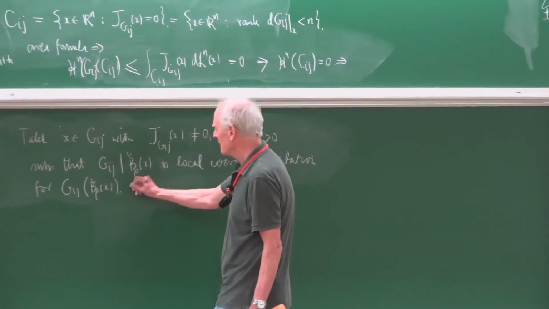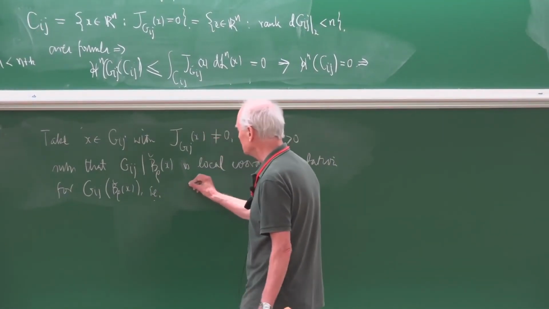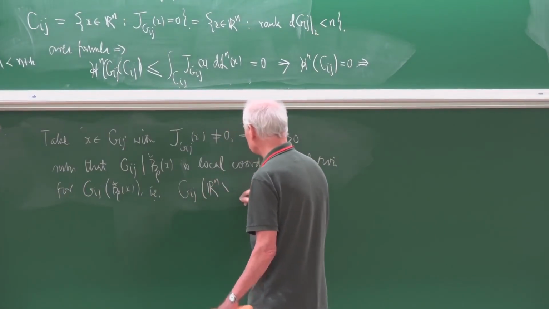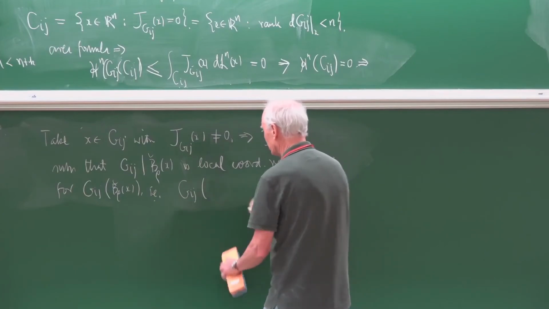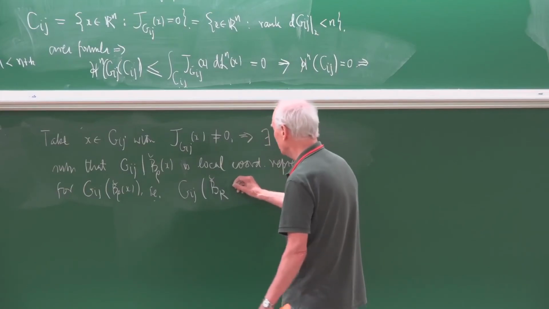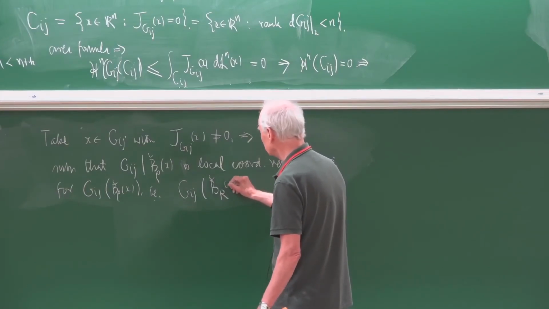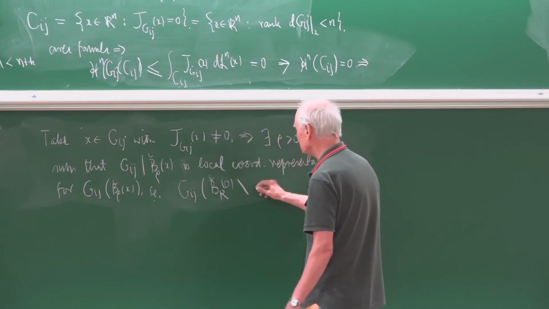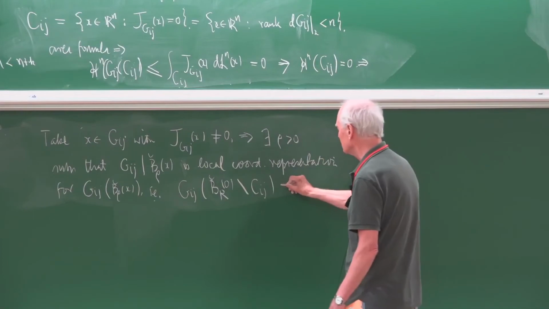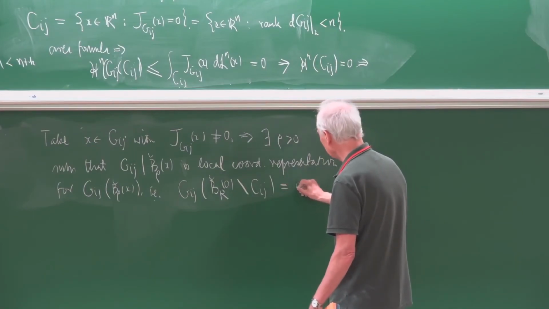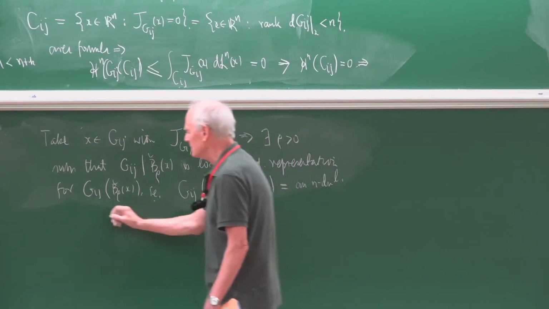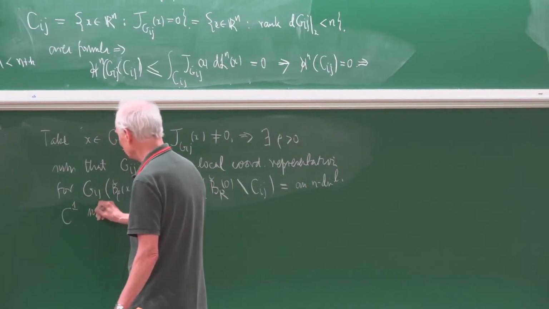So that means that Gij of R^n minus, well, we should again be careful about compactness. So on any finite ball centered at, say, 0, minus Cij, you've got to leave out the critical set, that is equal to an n-dimensional C1 submanifold.